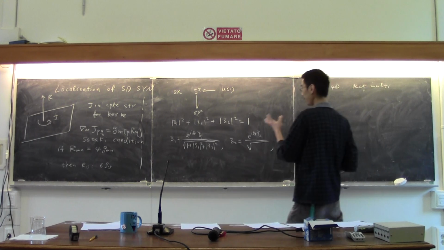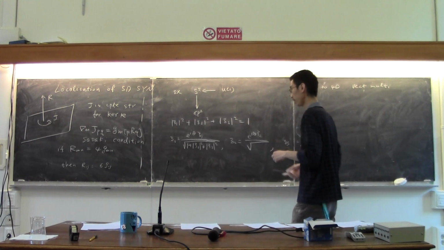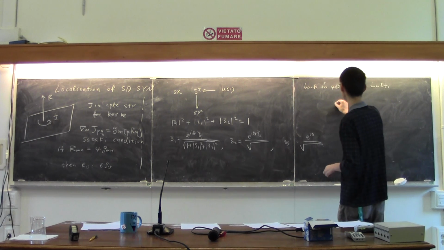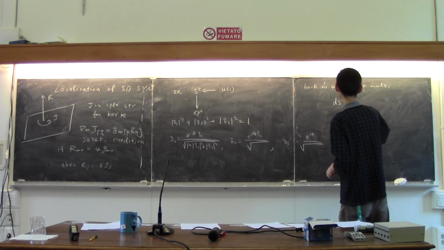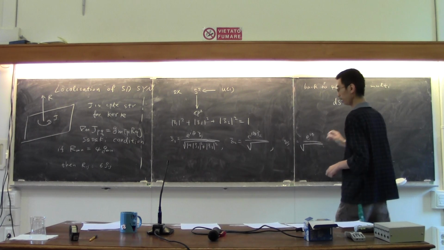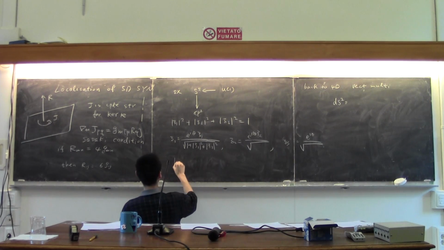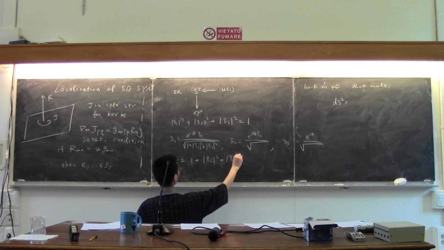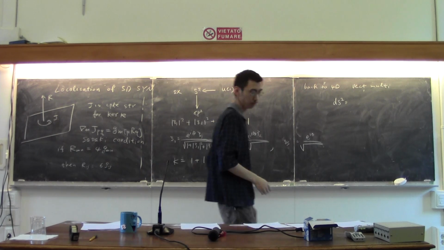Now with the standard metric for S5, you can plug in this change of variable, and you'll get the pullback metric, which is written in the following way. Let me call K equal to this combination.